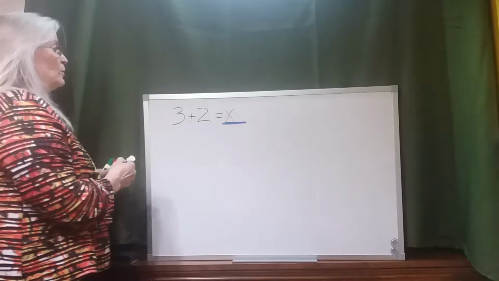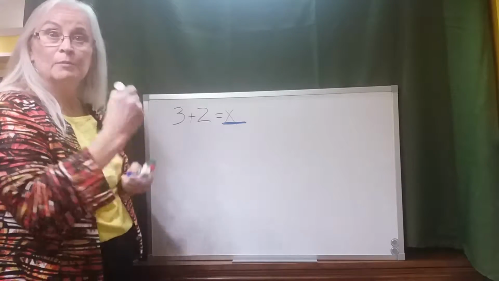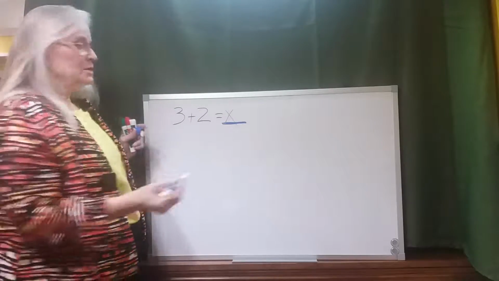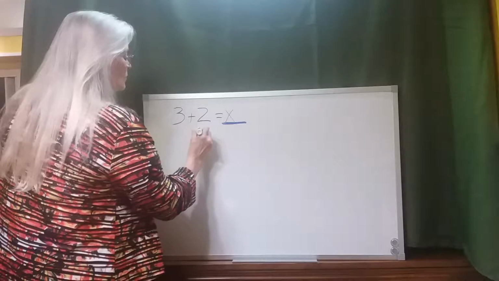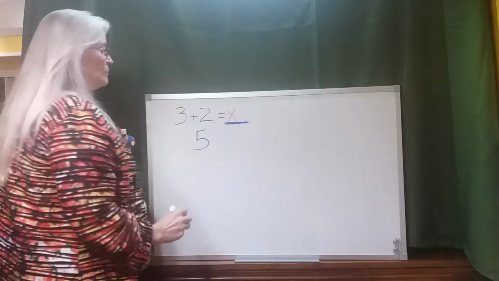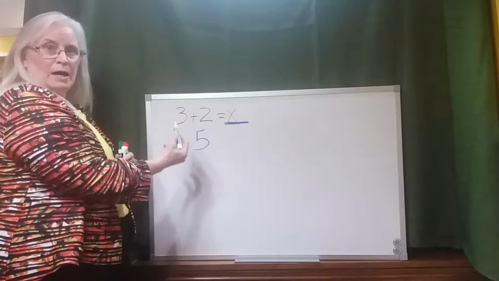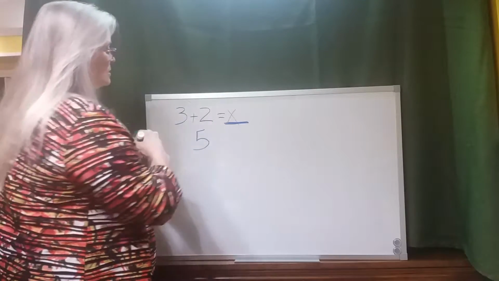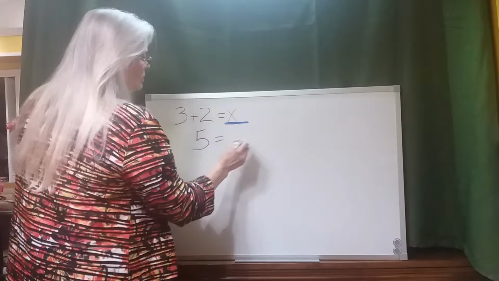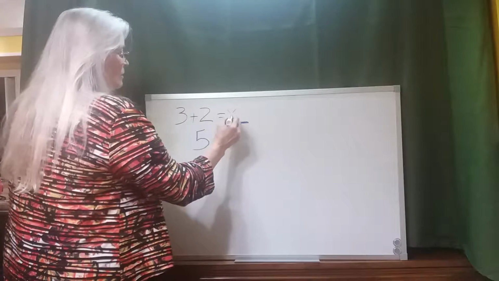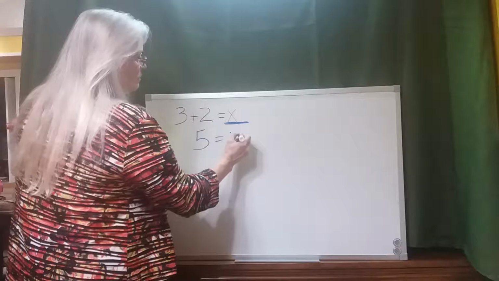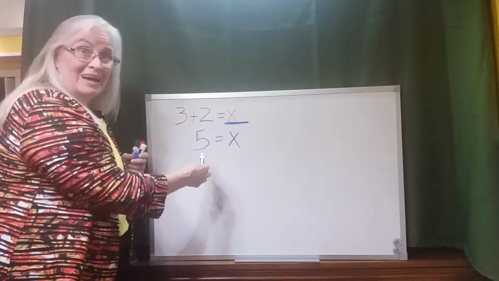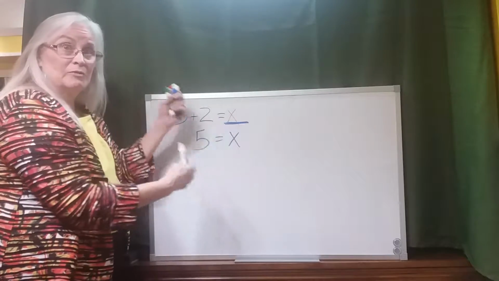But this is what we do. We figure out what 3 plus 2 equals. Everybody should know this. 3 plus 2 equals 5. Okay, that's one side of our equation. We still have the other side. The other side tells us we've got our equal, X goes right there. This is okay, but really we want it to flip-flop.